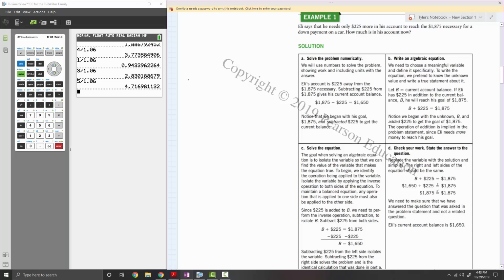In other words, what he has now plus $225 is going to equal the $1,875, and that's my goal. And this is the additional amount that I need. So that's why we're thinking about subtracting those, because obviously the difference between those is going to be what I have now, which is a smaller amount. So that's how you can think about it numerically.